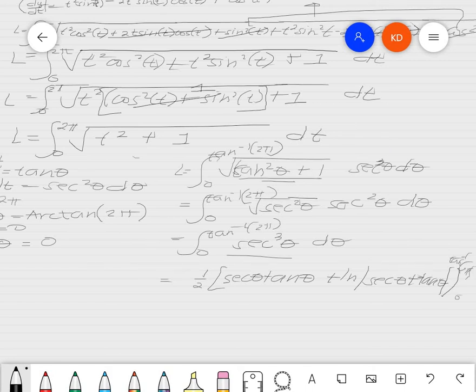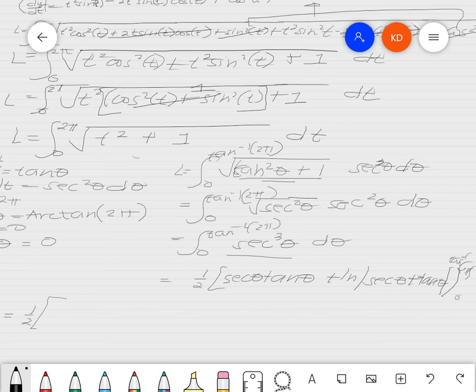So let's just simply substitute the values. We have 1/2. Let's try to change secant theta to the value in terms of tangent.